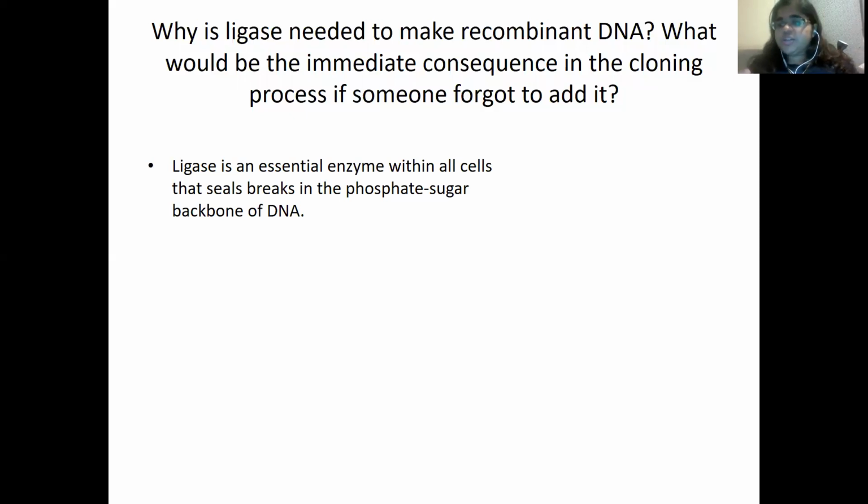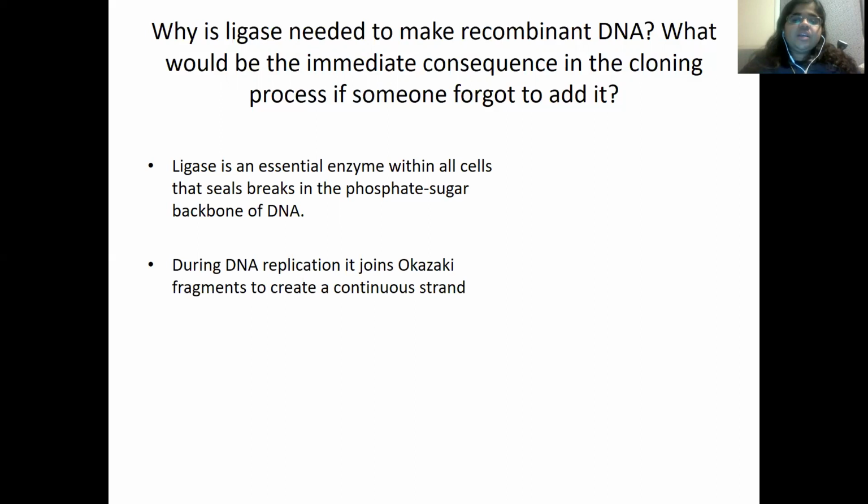It's an essential enzyme within all cells that seals any breaks in the phosphate sugar backbone of DNA. So in this case, with replication, you know that it joins the Okazaki fragments to make sure that the strand is continuous. So it joins those fragments, right?